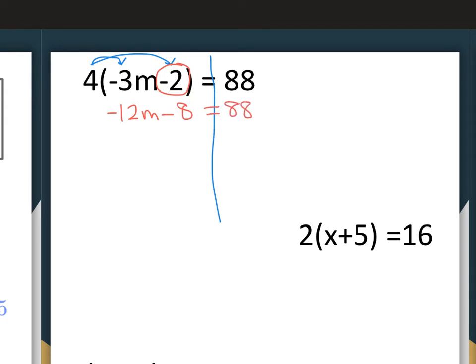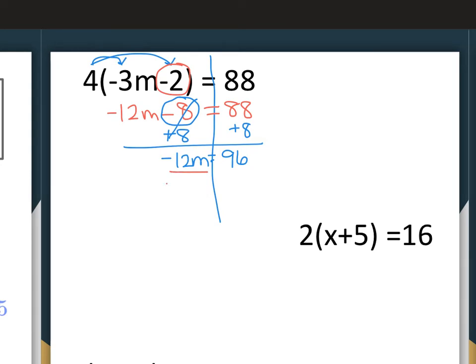Now from here, we need to cancel out the term not directly with the variable, so that's the negative 8. Inverse would be to add 8 to both sides. That would leave you with negative 12m on the left, and that's going to give you 96 on the right. From here, we will divide.